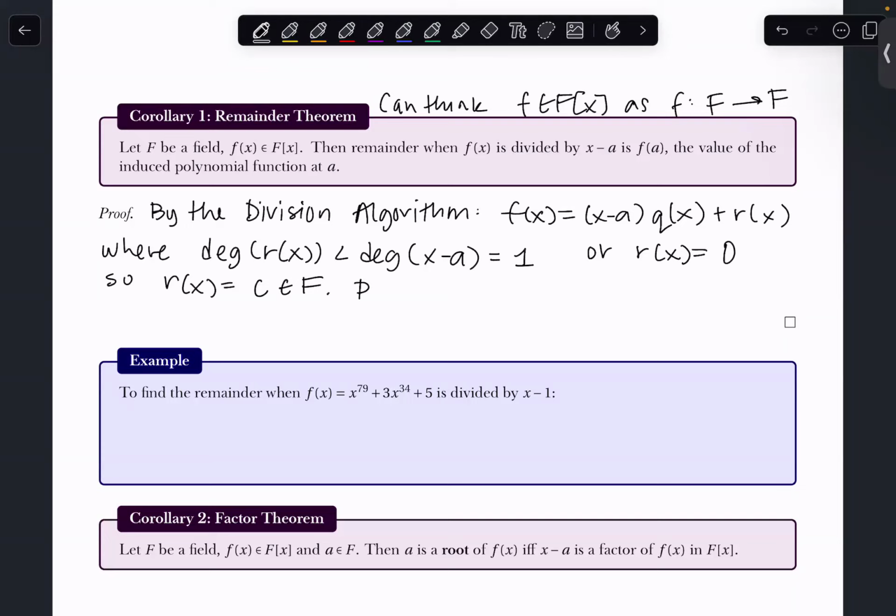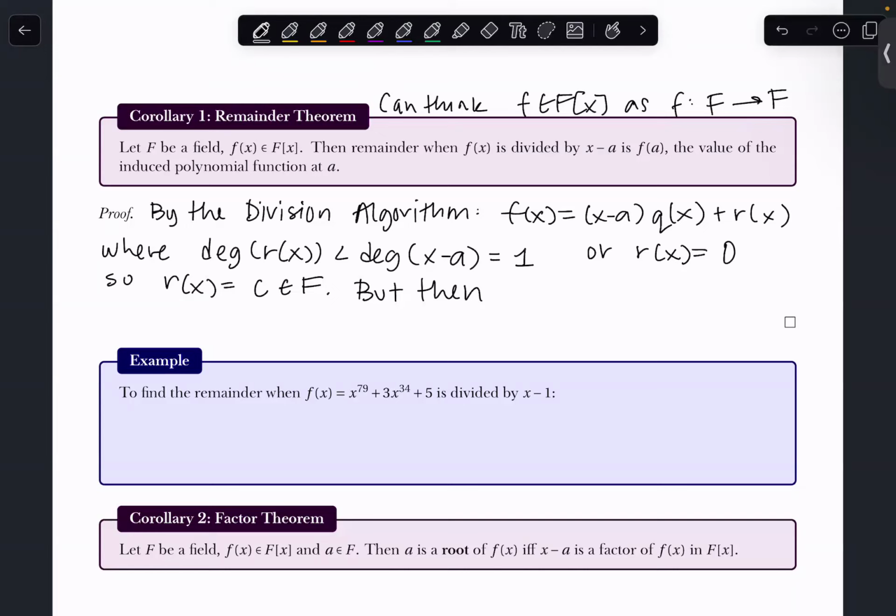So this tells me I can say something about plugging a into my function on the left. It should give me the same thing as if I plugged in a on the right-hand side anytime it's on x. But in particular, for my r of x, no matter what I plug in, I always get that same constant, because it's a constant polynomial. It's really the same number showing up for all of my outputs.